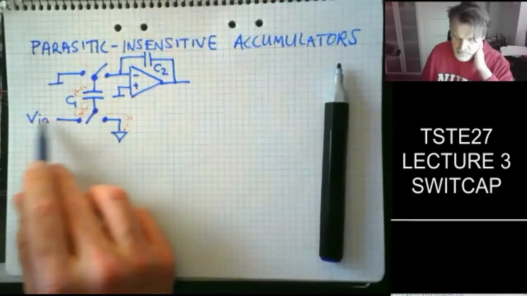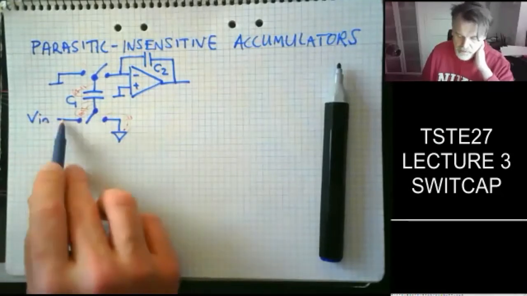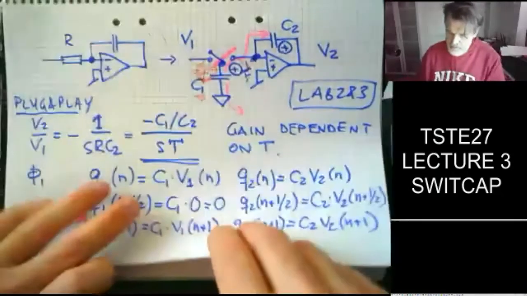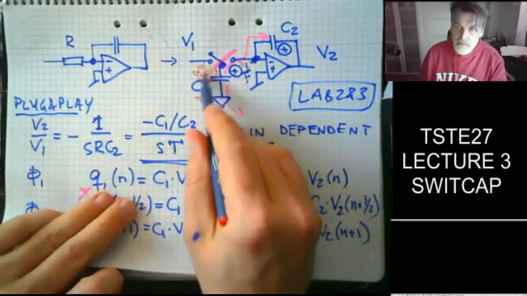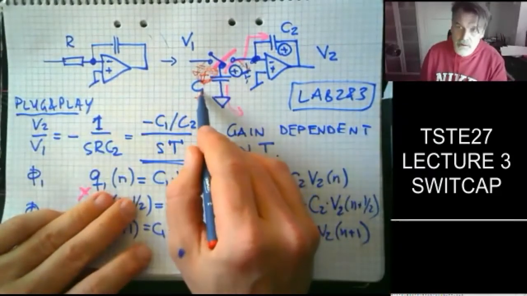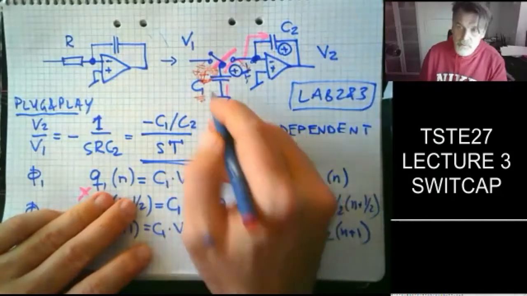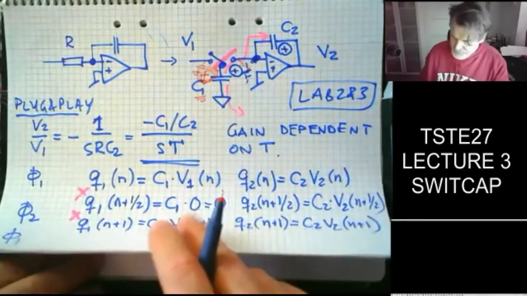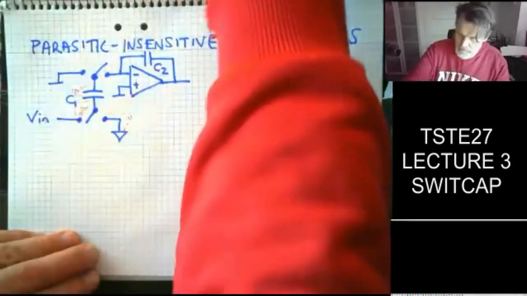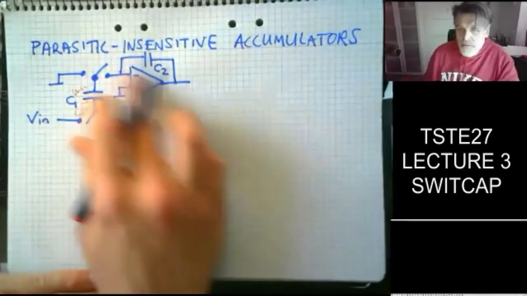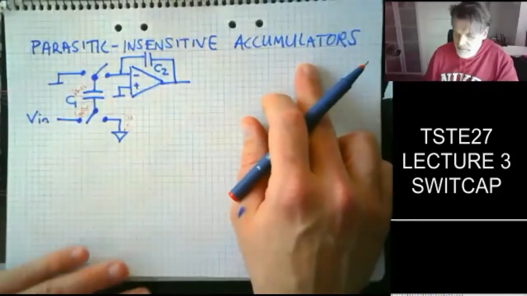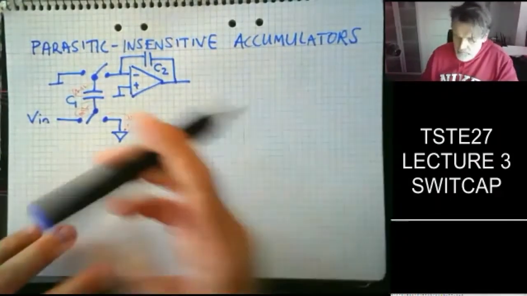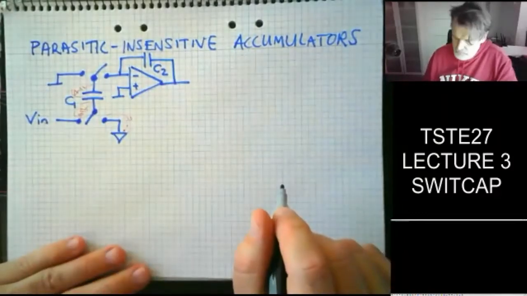It just influences some additional load on V in, but it doesn't influence the accumulation here, which this capacitor did, because then that capacitor would end up in parallel with C1, so I would get a transfer function which would be something like C2 divided by C1 plus the delta C. All right, so it's quite important to use parasitic insensitive accumulators instead, because you get a much more accurate transfer function.